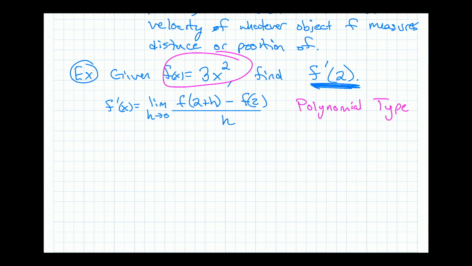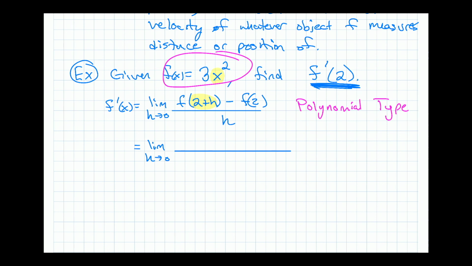Now, once you write down what the definition says, then you need to evaluate this limit for this particular function, right? So you've got the limit as h goes to 0 of f of 2 plus h. Well, f of 2 plus h means plugging the 2 plus h in for the x.